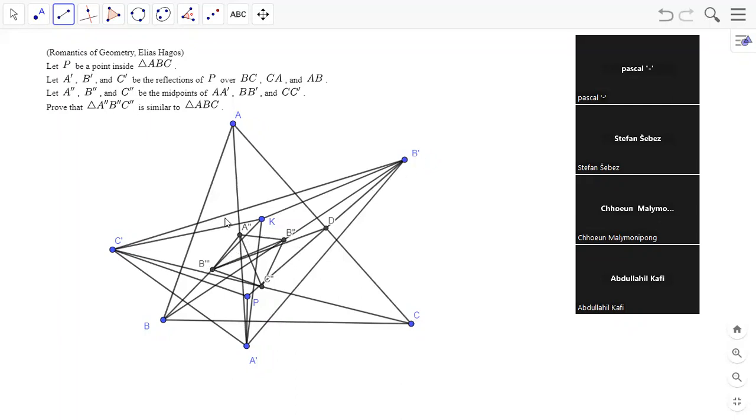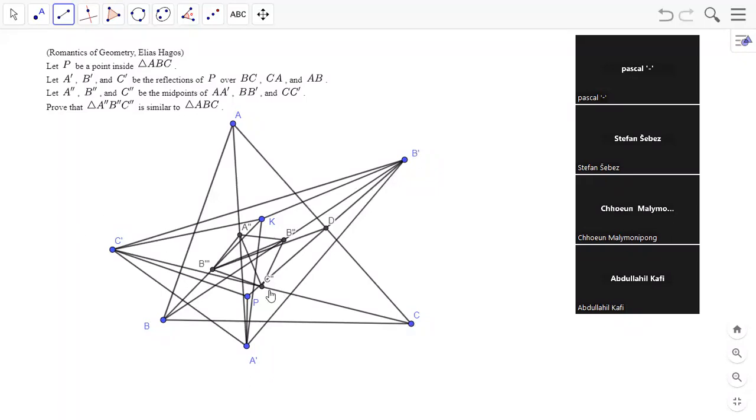So B prime K is perpendicular to that, and that is the Gauss line of BC, B prime, C prime.